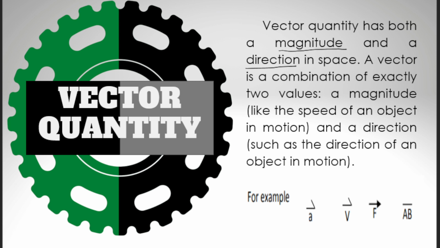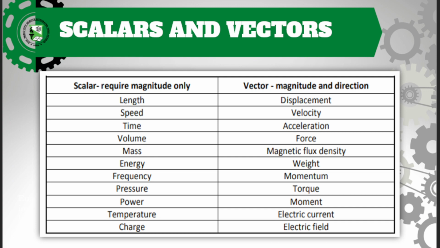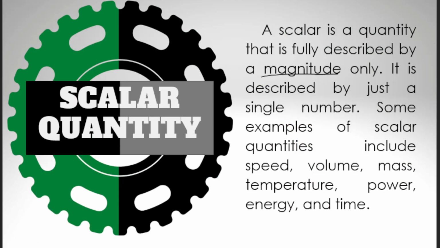For example, if a specific quantity is 5 meters per second, expressed just like this, and the other one is 5 meters per second to the right, the first quantity is considered to be scalar and it is speed.